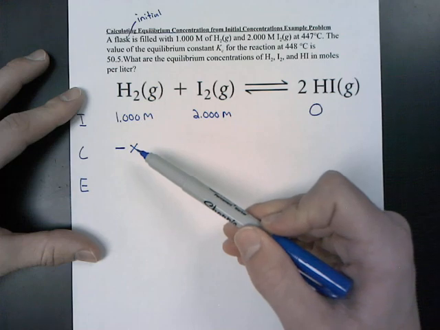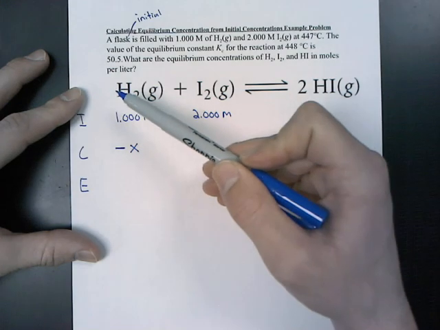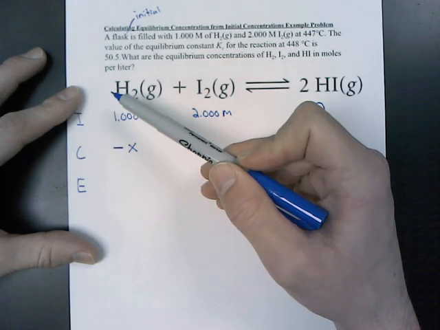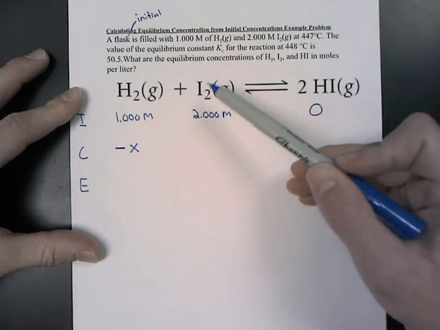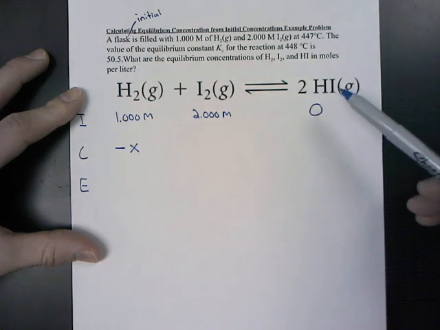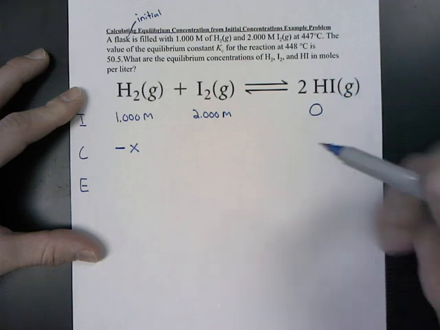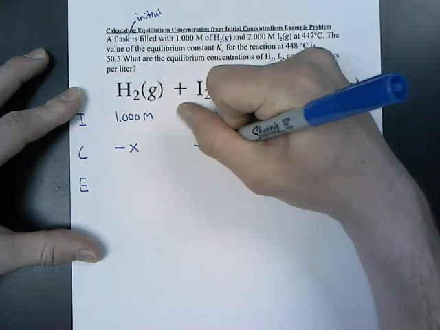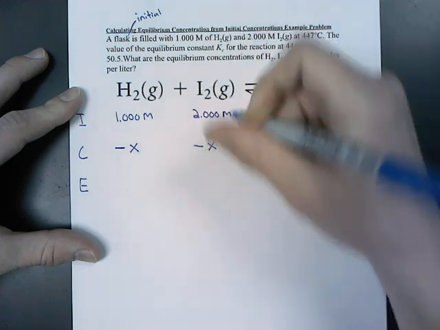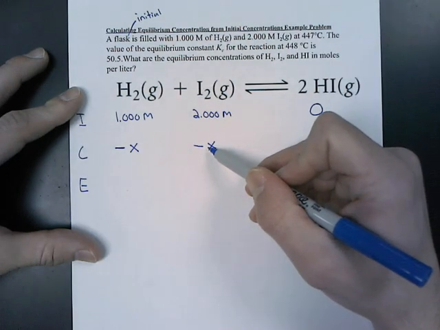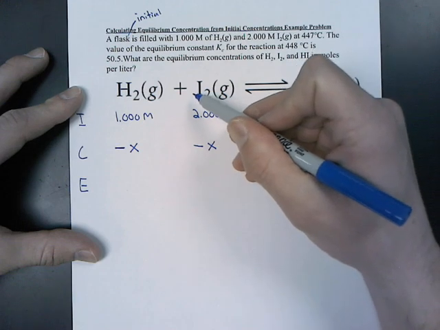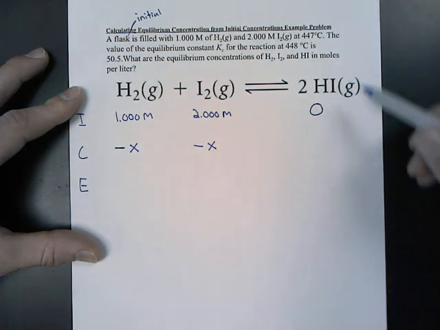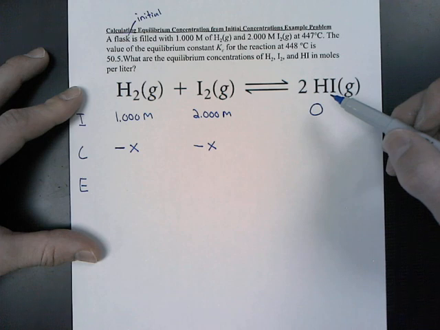Now, I only put a single x because we have a coefficient of 1. Over here, we have a coefficient of 1. We had to lose some of the I2 to be able to make some HI. So again, we put a minus sign, 1x because of the coefficient out in front. Now we get to our products, HI.